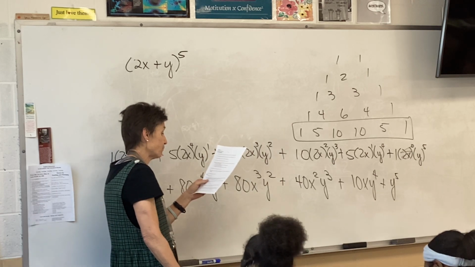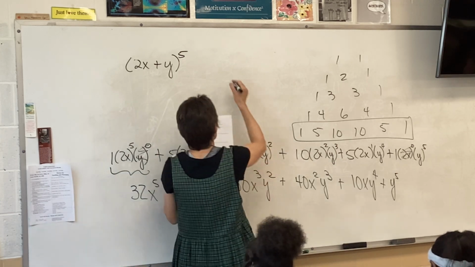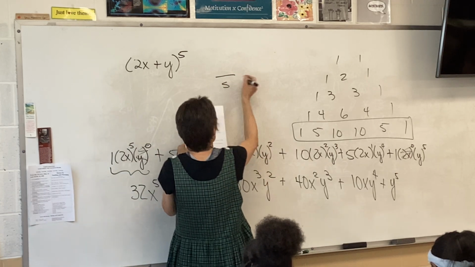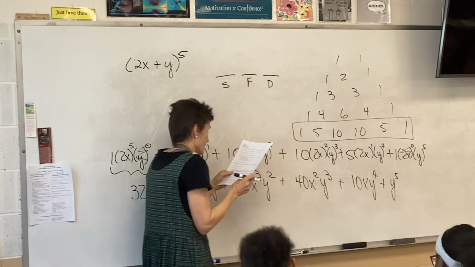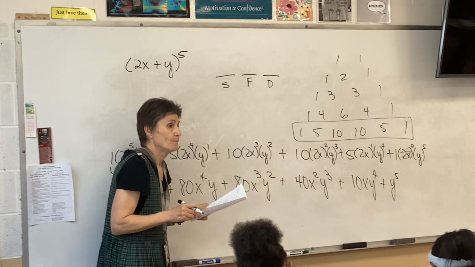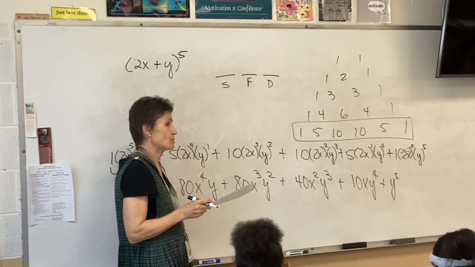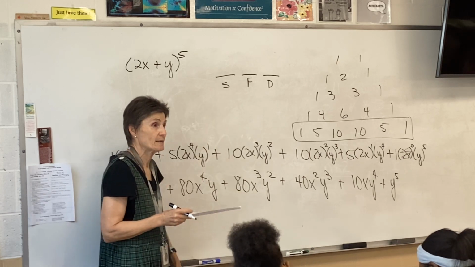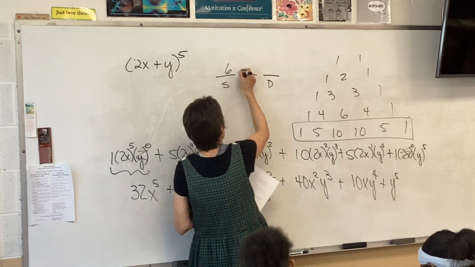How many different lunches are possible if you must eat a sandwich, a fruit, and a drink? Any thoughts on how to do this problem? How many different lunches are possible if you have to have all three? Kara? It is exactly that.